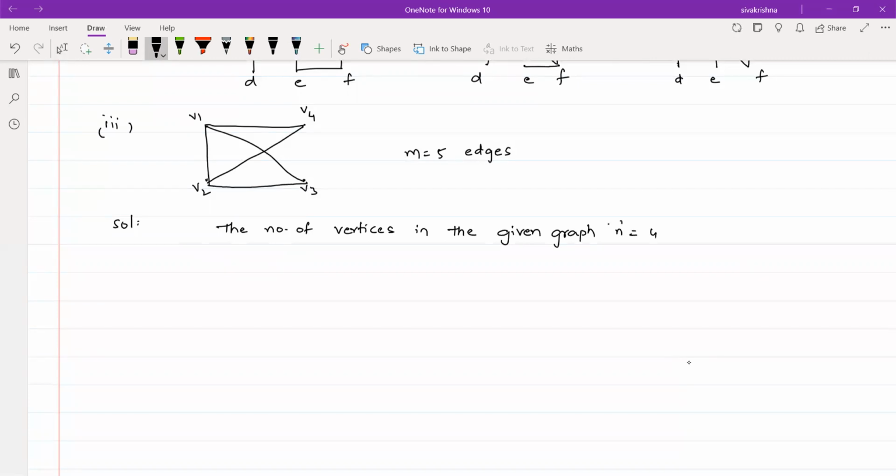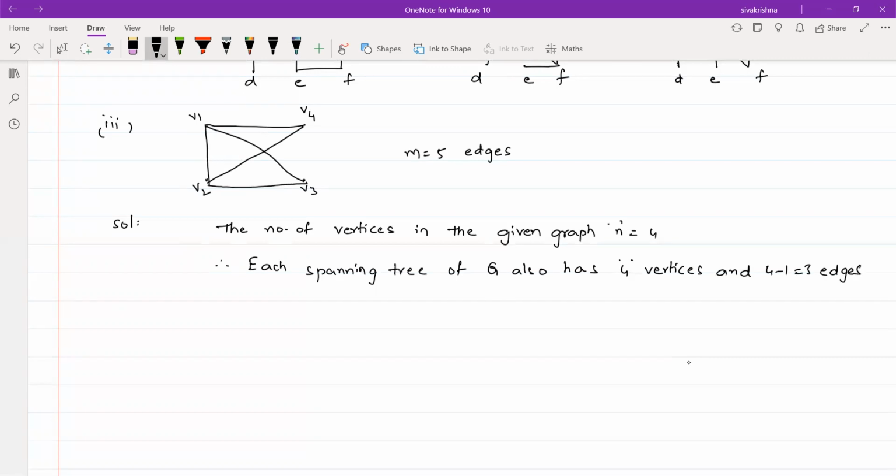So each spanning tree of G also has 4 vertices and 4 minus 1, which is equal to 3 edges.